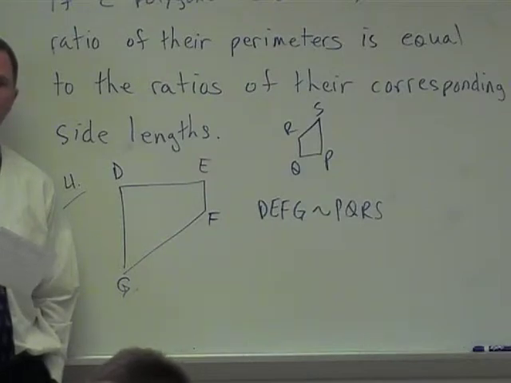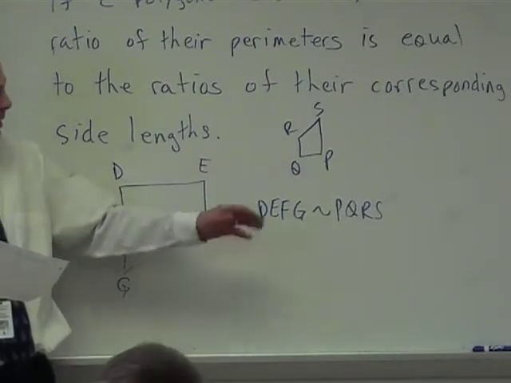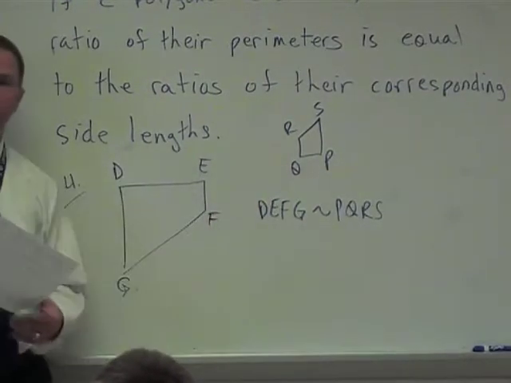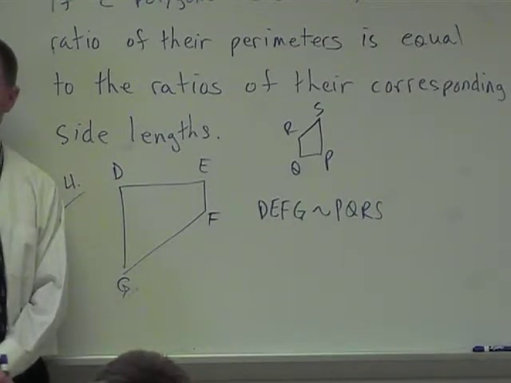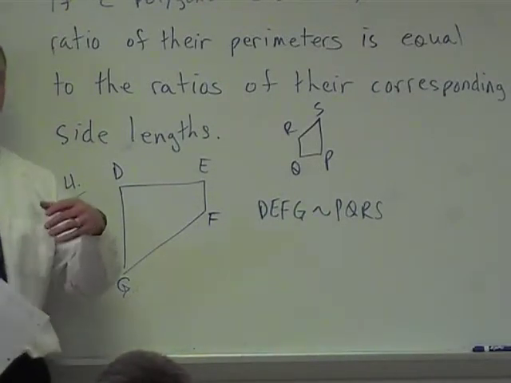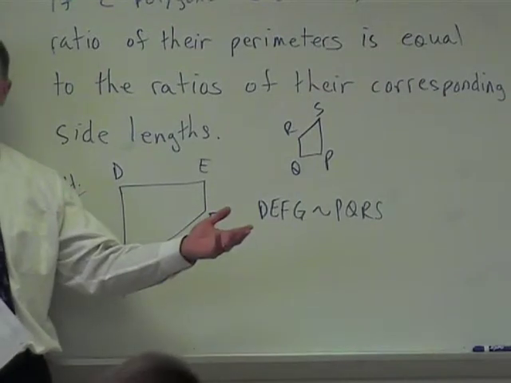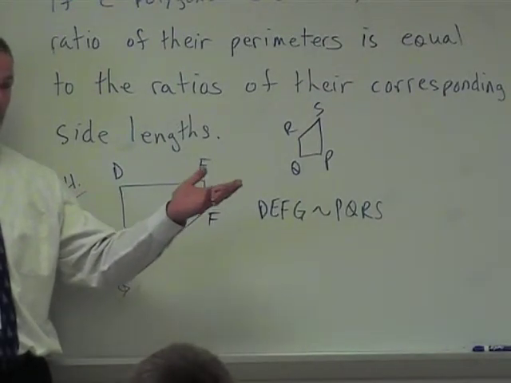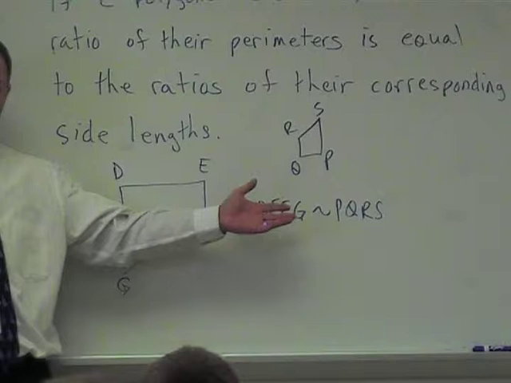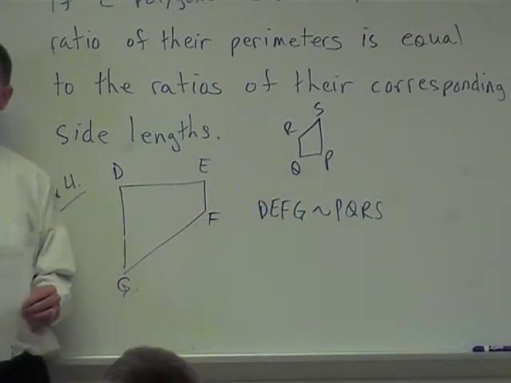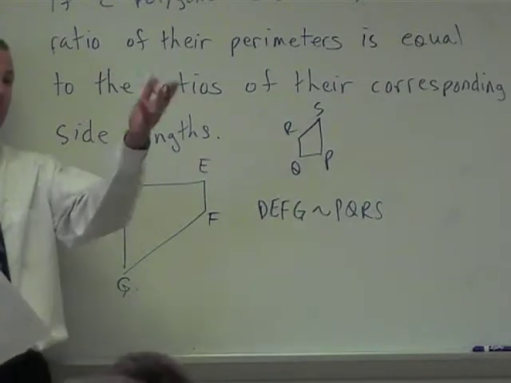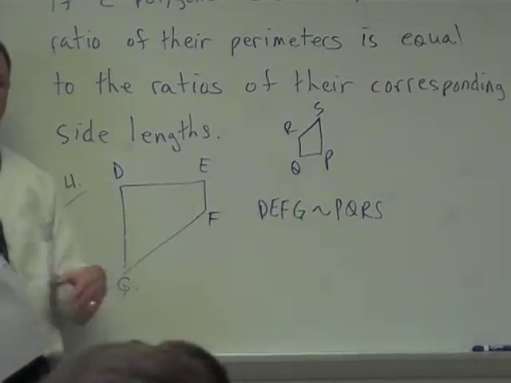Alright, so what do you know about this? You don't even need these pictures if you have this. Why is that? Because of theorem 6.1. How would I write which angles are congruent? Angles and sides, based on just what this is saying, not looking at the pictures. Corresponding parts. Yeah, the corresponding parts are in order, right?